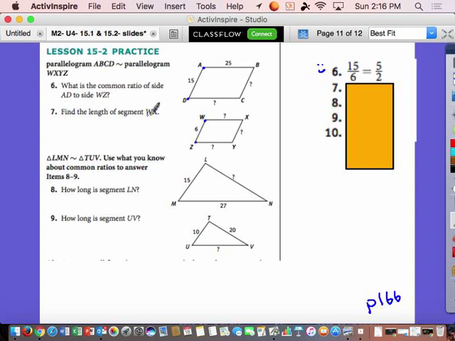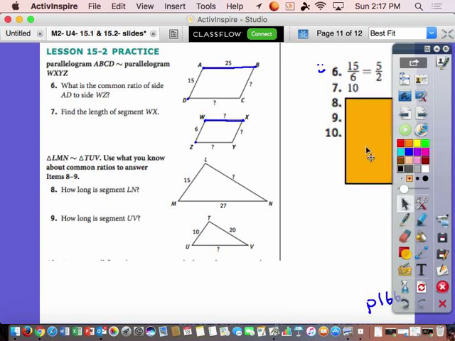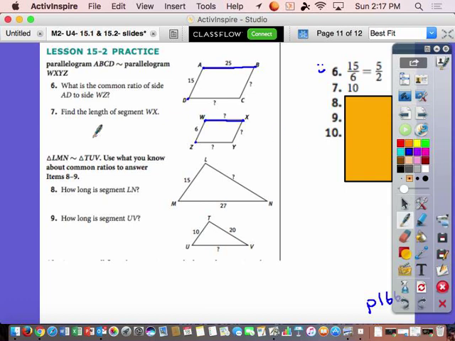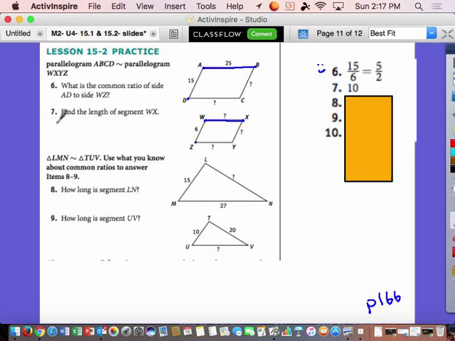Find the length of segment WX. So they want to know what this side is from here to here. Well, we know what this side is, and we know that this is proportional, right? So it's 10, and all they did to figure that out was set up a fraction. They took 15 over 6, or you could take 5 over 2. The smaller the number, the easier to figure it out, right?